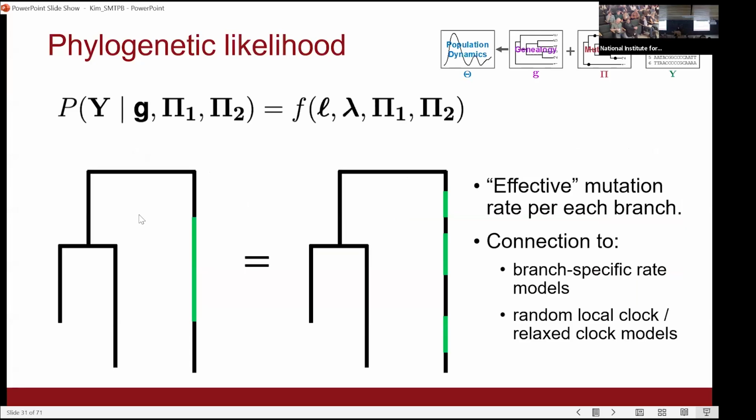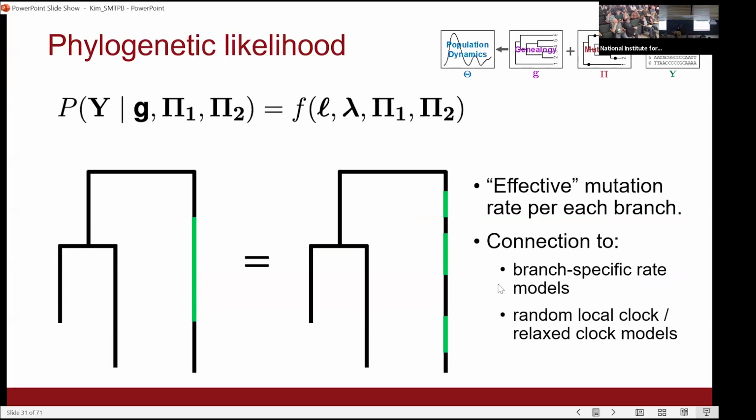Intuitively, this means that for each branch's contribution to the likelihood, it doesn't matter whether the total dormancy length is in one contiguous chunk or divided into multiple small chunks. As long as the total duration is the same, the likelihood contribution is the same. So for each branch, we can define a dormancy-length-weighted effective mutation rate, and then utilize it to compute the likelihood.